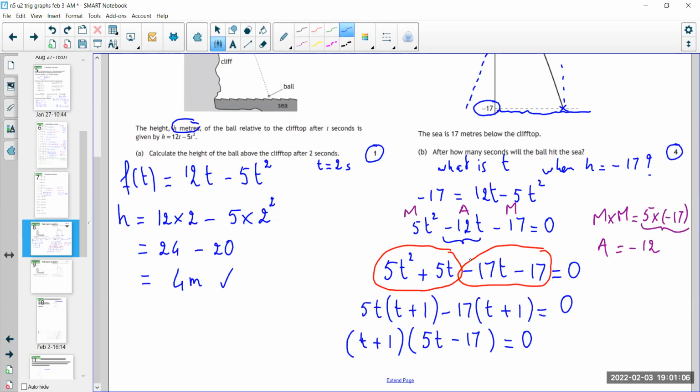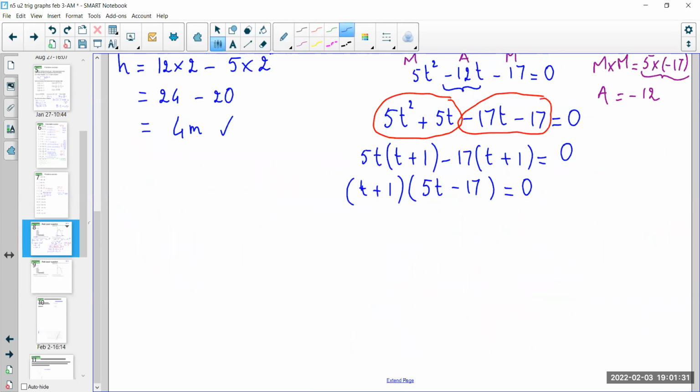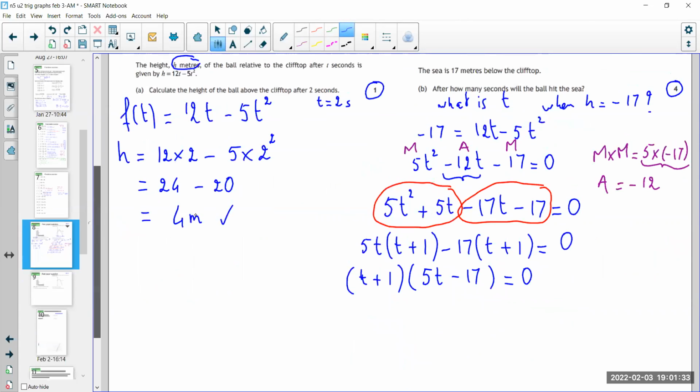So something that looks unwelcoming from the first word go, I've used MAM and MAM got me out of jail, factorized it for me without having to think twice, apart from the fact that I didn't multiply 5 and 17 because I'm looking for two numbers. Okay, so maybe if we've learned one thing today, guys, it is to try and do it that way. So now I've got two factors.